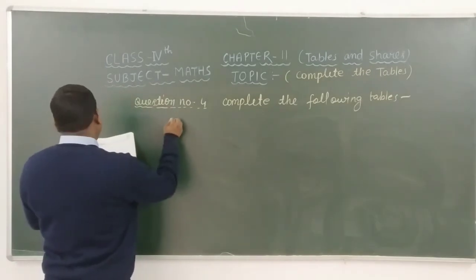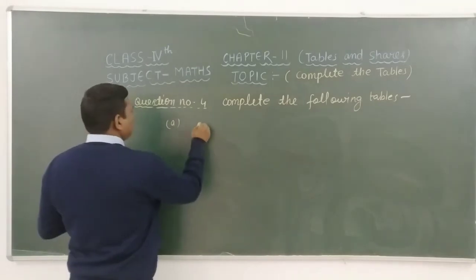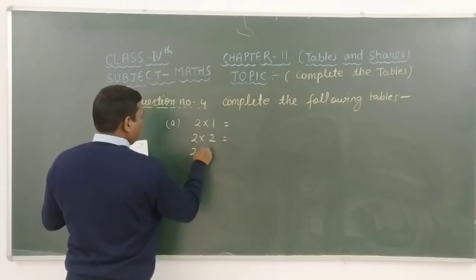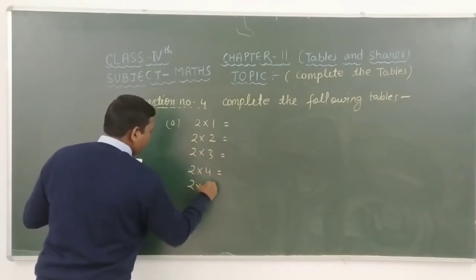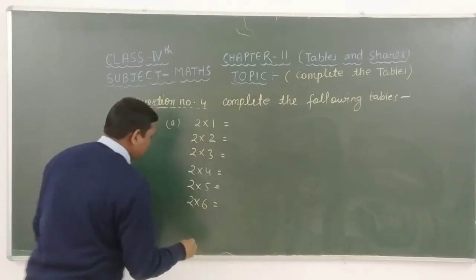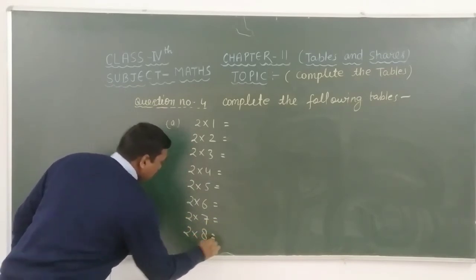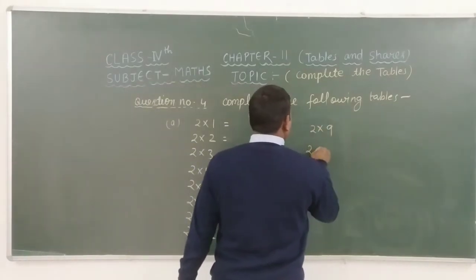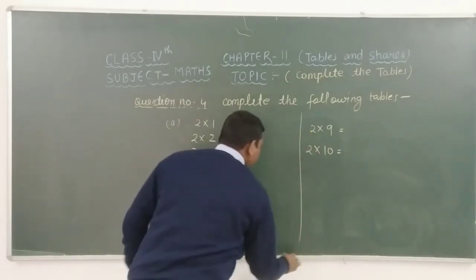question number 4 of A. Here it is given that 2 into 1 is equal to 2, 2 into 2, 2 into 3, 2 into 4, 2 into 5, 2 into 6, 2 into 7, 2 into 8, 2 into 9 and 2 into 10. Okay students, look here carefully.